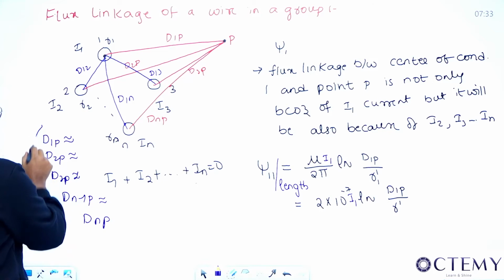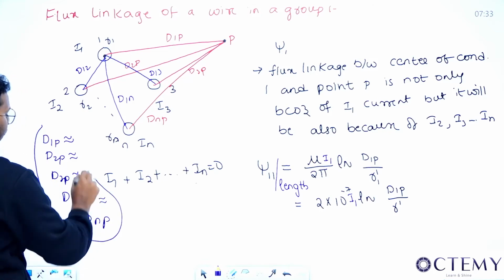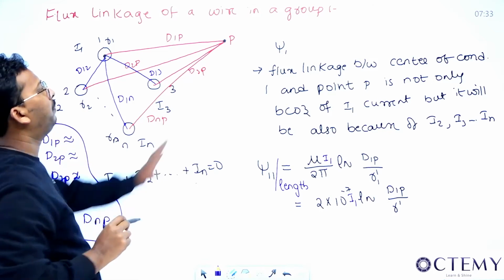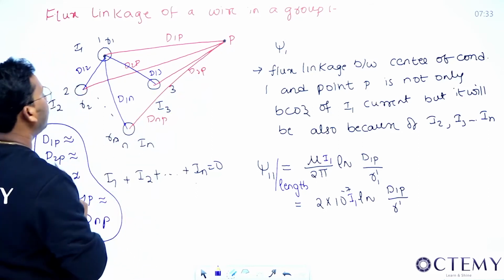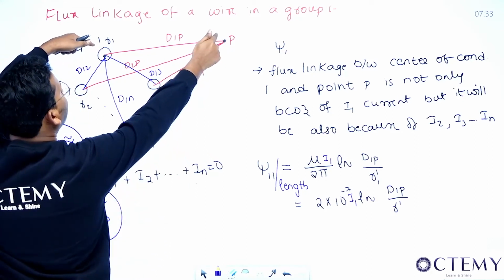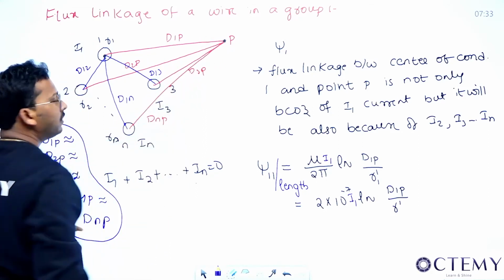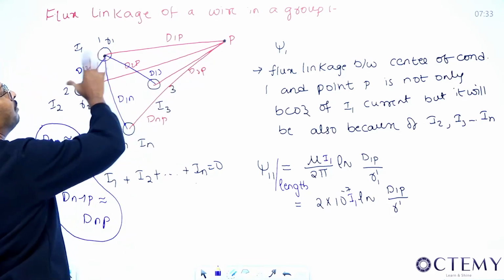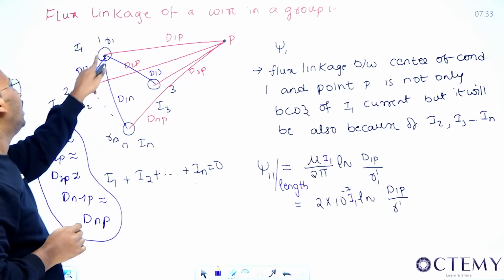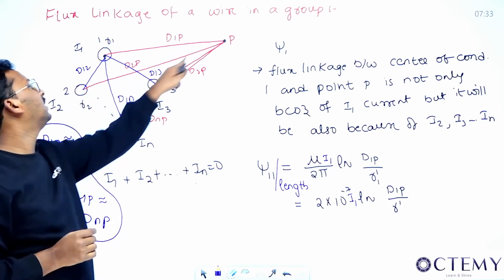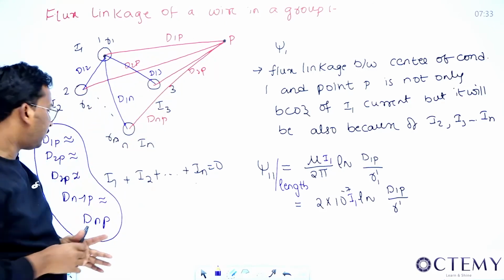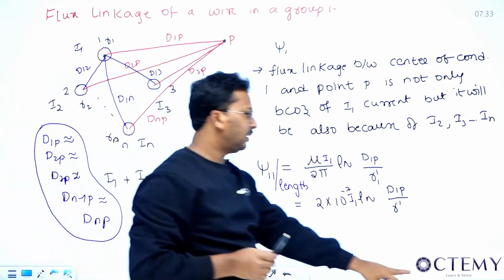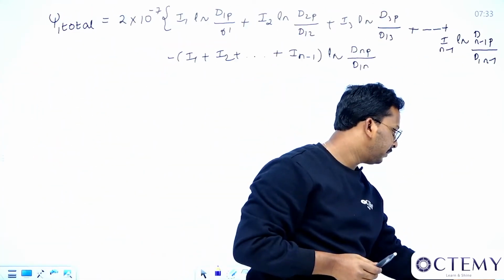Why is this? I am taking this approximation, sir, because this particular point P which I have chosen is very far. So the distance between this fellow and this fellow is almost same as the distance between this fellow and this fellow. That means these distances are much greater compared to this distance. That's why I can make all these distances almost equal. So keeping this in mind, let us go to the further slide.